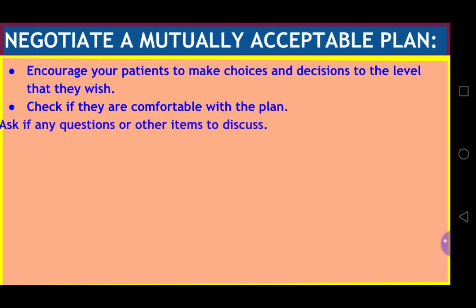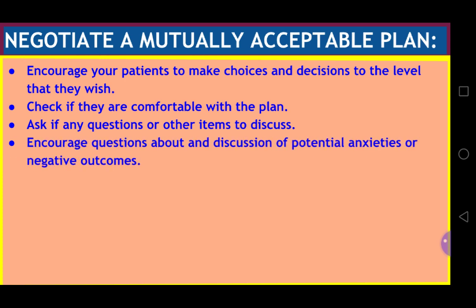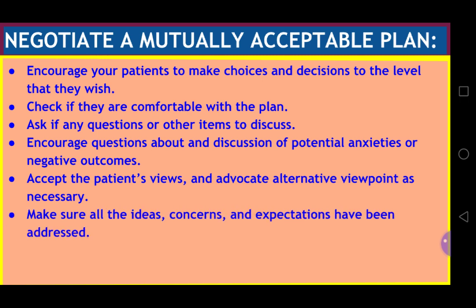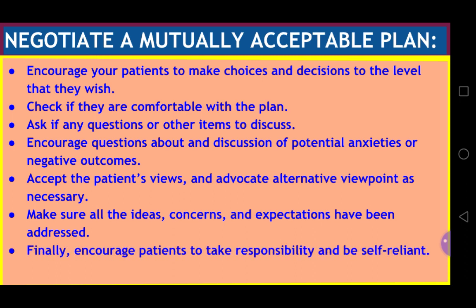Ask if there are questions or other items to discuss, and encourage questions about any anxieties or negative outcomes, and accept the patient's views and advocate an alternative viewpoint as necessary, and make sure all the ideas, concerns, and expectations have been addressed. Finally, encourage patients to take responsibility for their care as well and be self-reliant. So you have to negotiate a mutually acceptable plan.